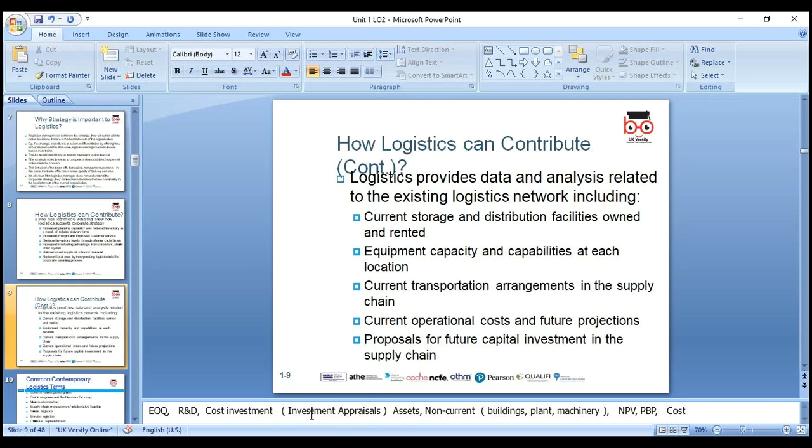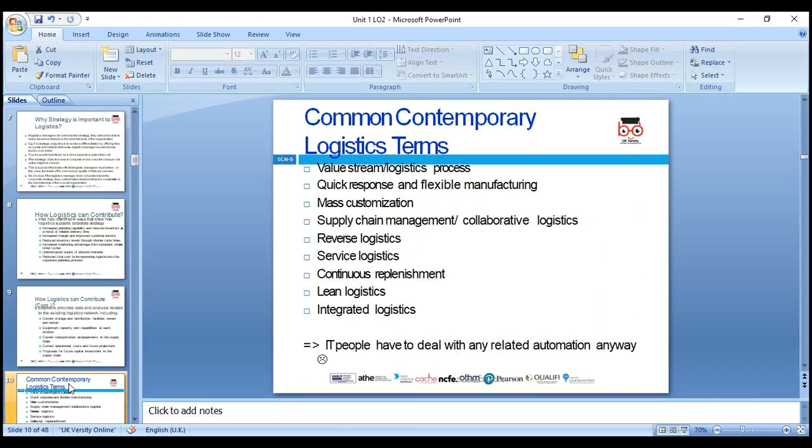Last lesson we discussed that it will reduce the cost, reduce the time, and improve the quality. So we compare all of these, because if it brings nothing, what's the point of investing in the new system?